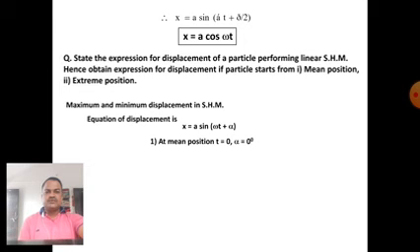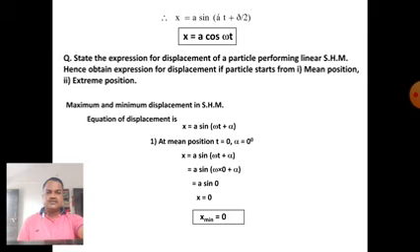At mean position we already know t is equal to 0, alpha is equal to 0. Put these values in our equation, then the equation becomes x is equal to a sin(omega into 0 plus alpha). So therefore x is equal to a sin alpha, and x is equal to 0.